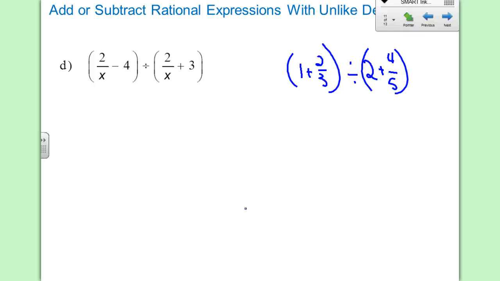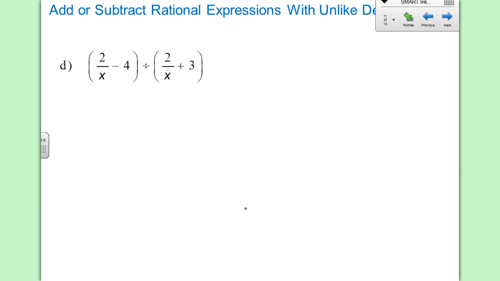We don't want to multiply by the reciprocal first, because that's not going to work very well. You really need to have an improper fraction first. So the way to start this question is not to start by multiplying by the reciprocal, but instead by creating a common denominator to bring these two things together, right? So the first thing we'll do, instead of thinking multiply by reciprocal, is bring that together.